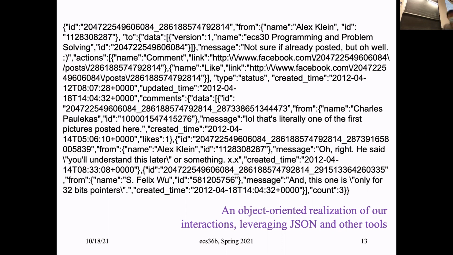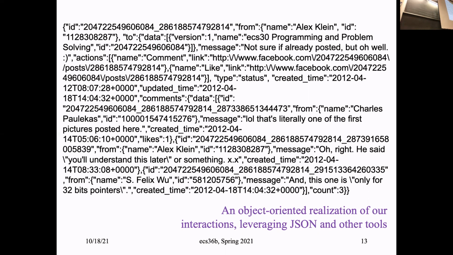So here I have a bracket. This basically says it has 3 comments. This is a post, say New York Times or NBC, and they publish a story. What's this one? I forgot actually. Oh, this one is actually from the programming course when I taught ecs36b a long time ago.